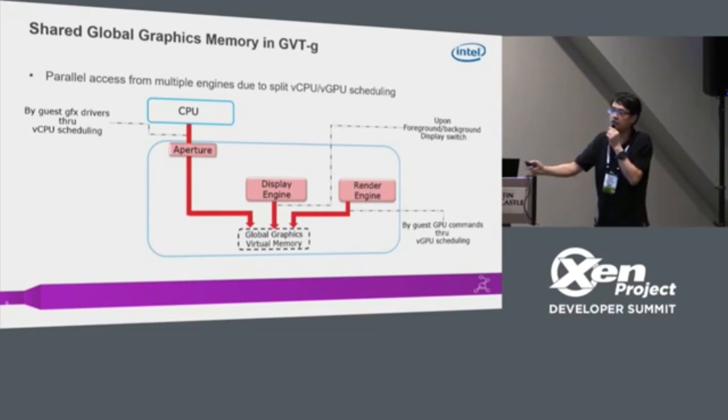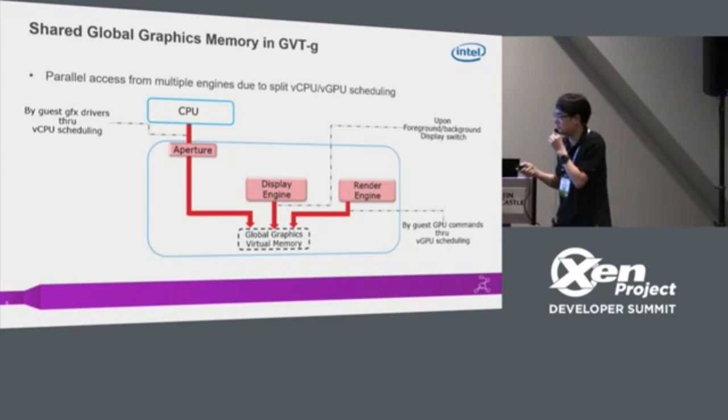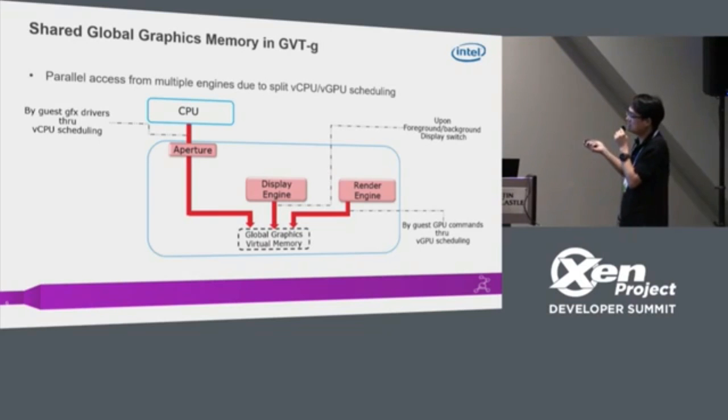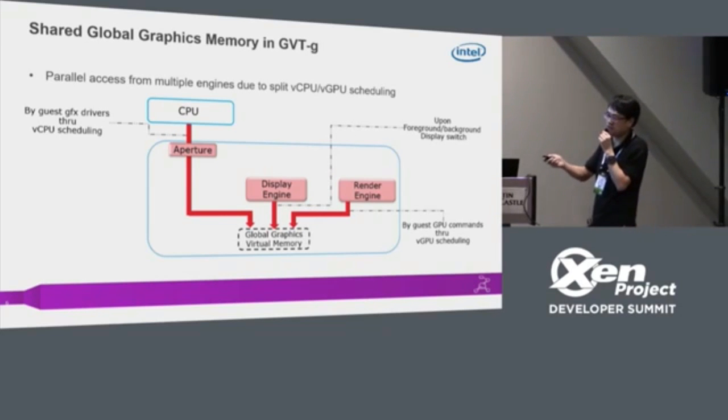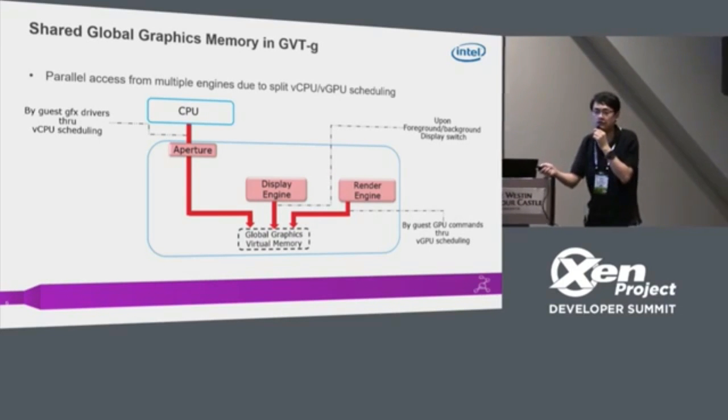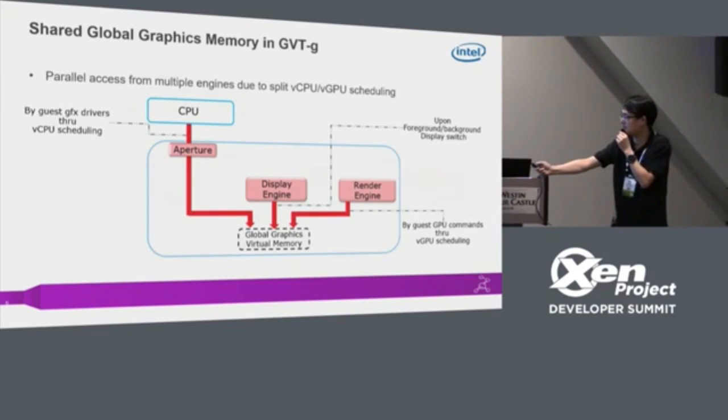That means it needs to handle requests from VM1's CPU access, VM2's CPU access, and also VM3's render engine access. So our GGTT page table needs to include every mapping from all of the VM accesses.